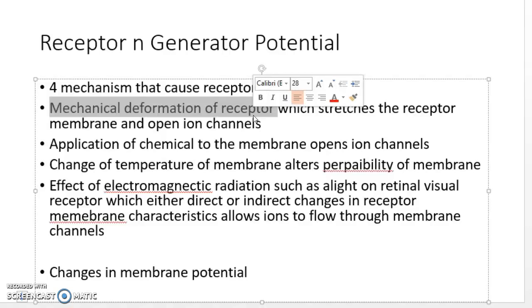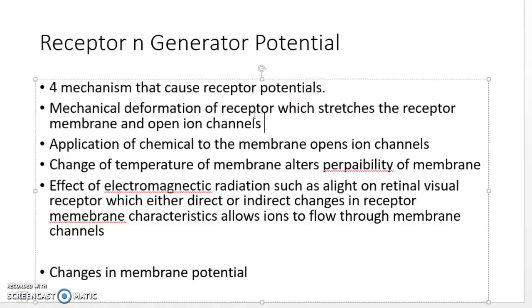In all instances, the basic cause of this change in membrane potential is a change in membrane permeability of the receptor, which allows ions to diffuse more or less readily through the membrane and thereby changes the receptor potential.